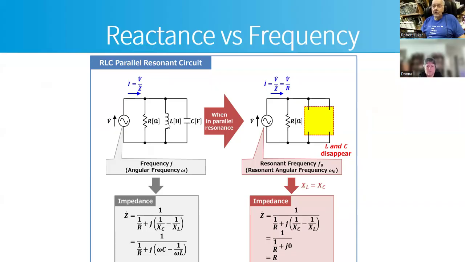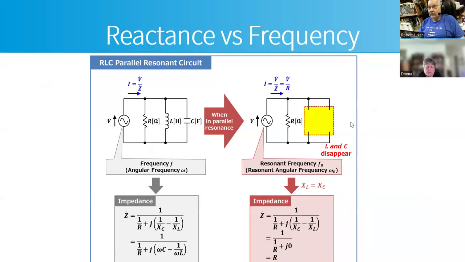Because if you look at the circuit, if we're down at a very low frequency, what's the inductor going to do? It's going to pass that current, with very low opposition to current. The capacitor is going to block the current, so it's effectively not there at very low frequencies.